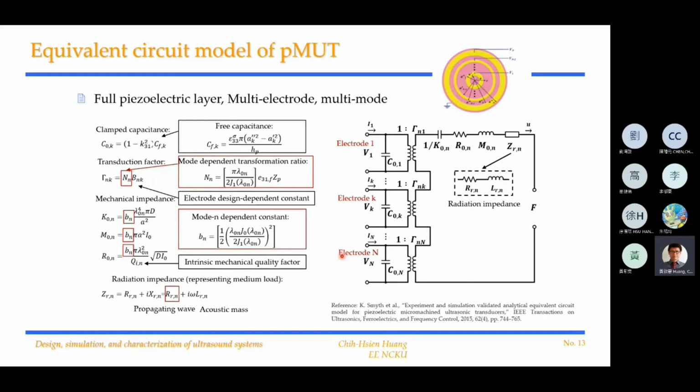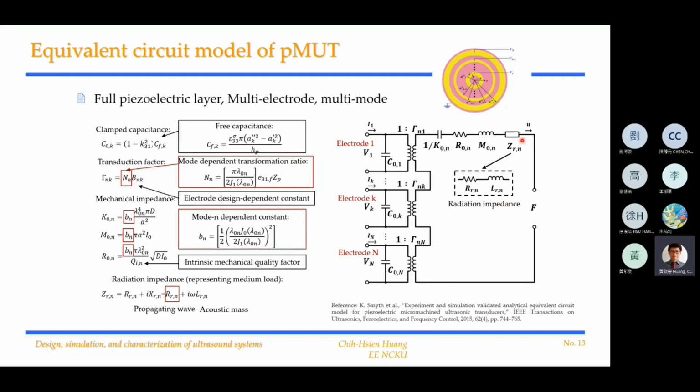So here are all the electrodes. They have different impedances and different voltages going in, so they will generate different currents for sure, right? And they have different converting ratios for different transformers, but they all go into the same mechanical part, because the mechanical part doesn't change. Here you can see we put the radiation impedance inside.